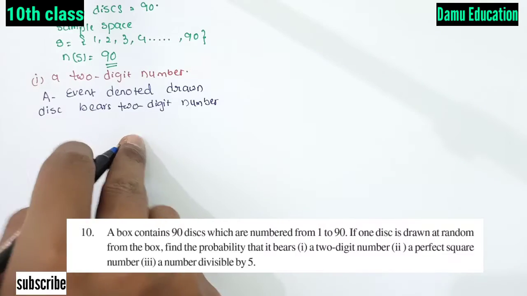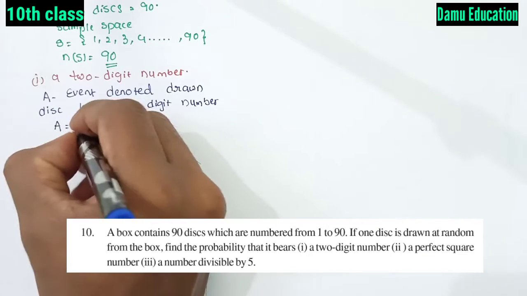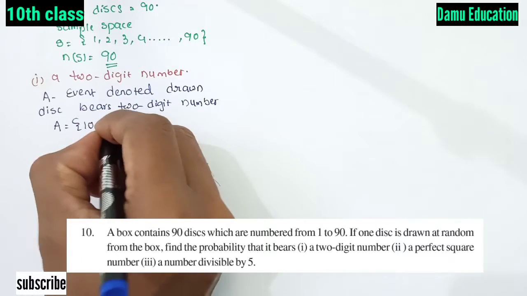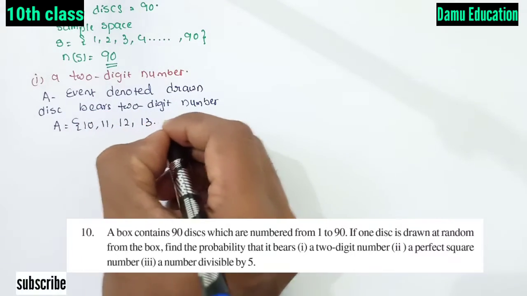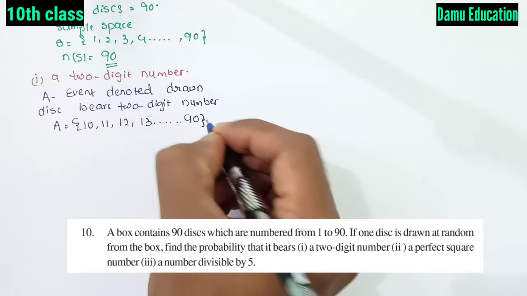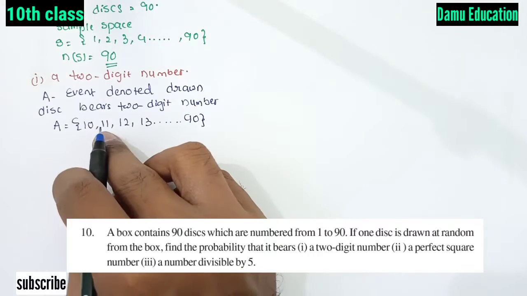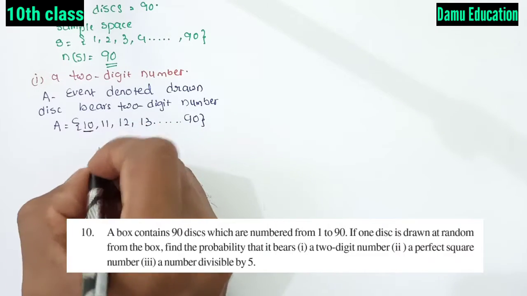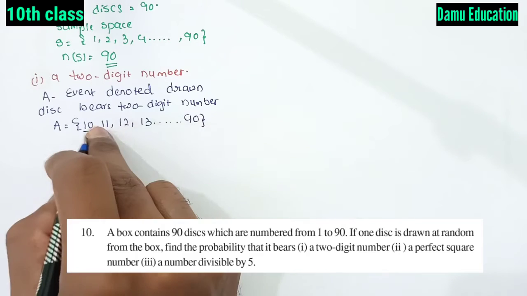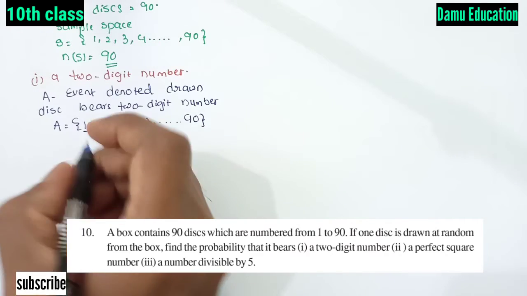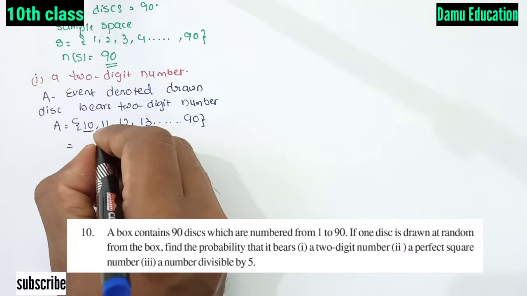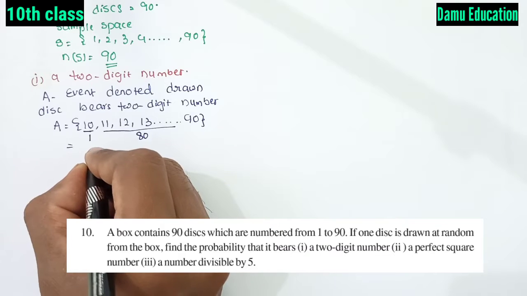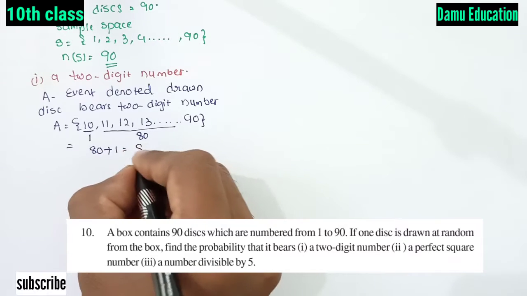Let's write the sample space for this event. The two-digit numbers start from 10, 11, 12, 13 and so on up to 90. From 11 to 90 is 90 minus 10, which is 80 numbers, and 10 is the extra one, so that is 80 plus 1, which is 81.